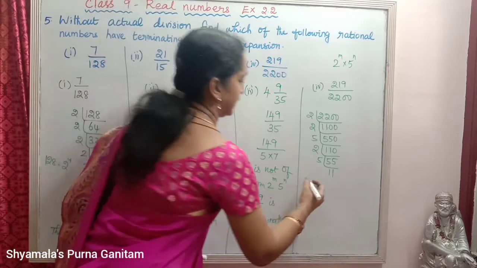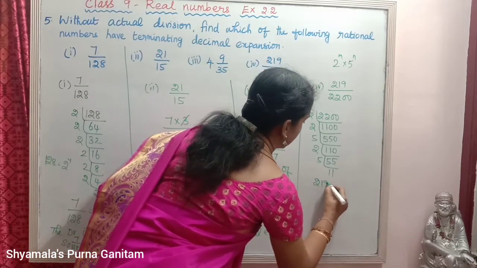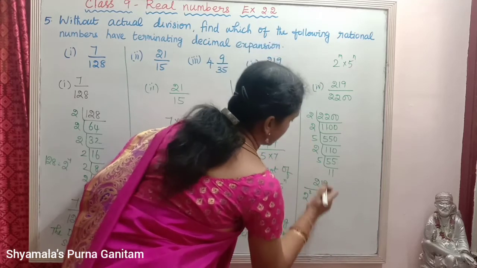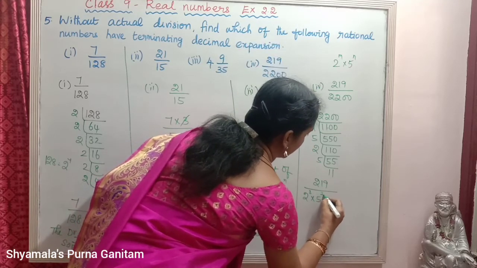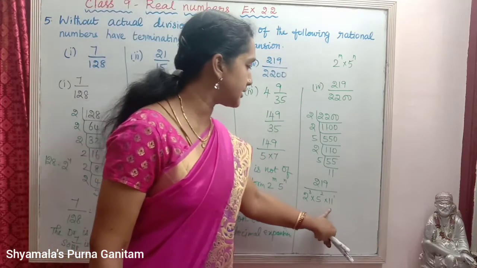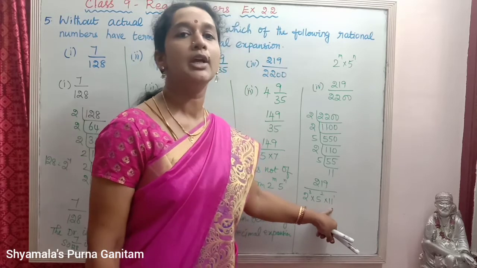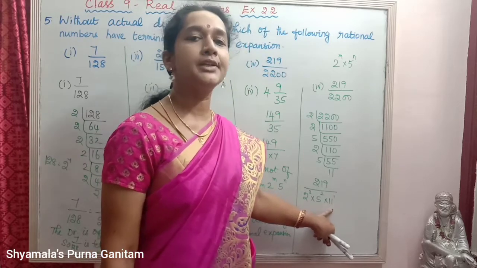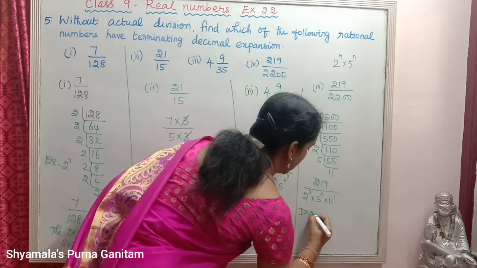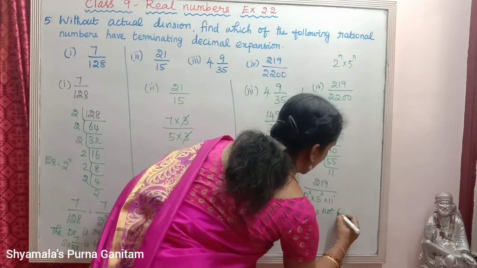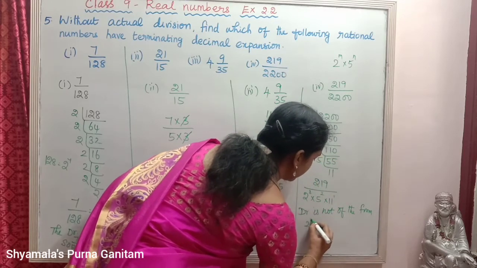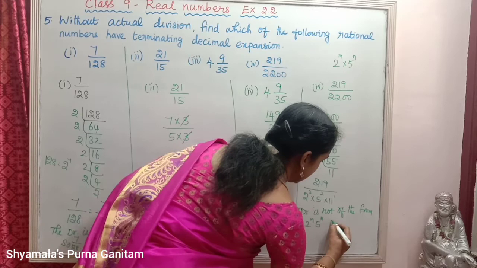So the denominator is 2 power 3 into 5 power 2 into 11 power 1. Since we have 11 also as a prime factor, it is a non-terminating decimal expansion. So the denominator is not of the form 2 power m into 5 power n.